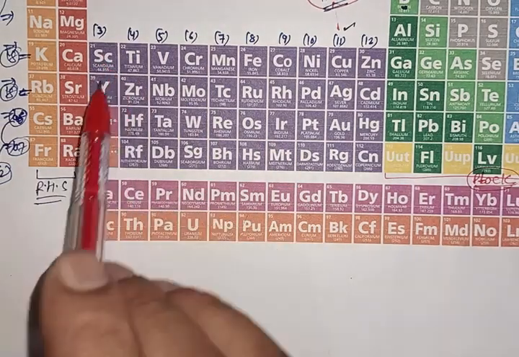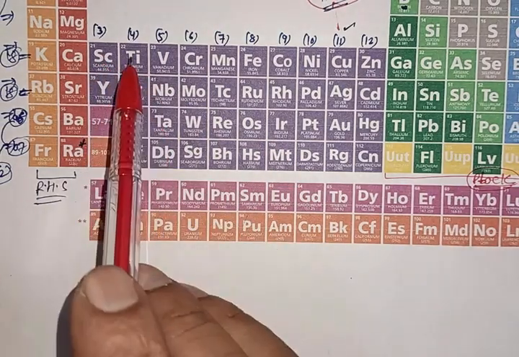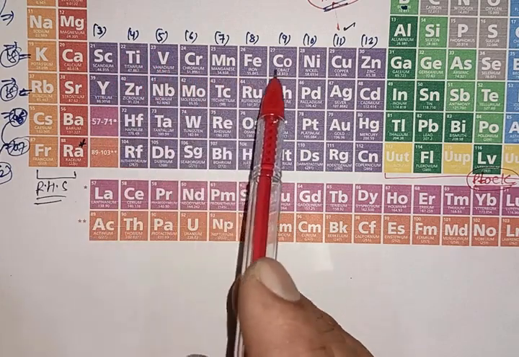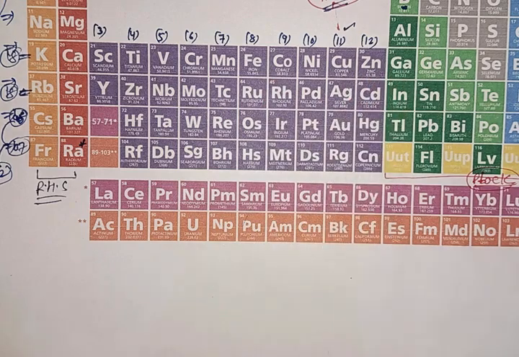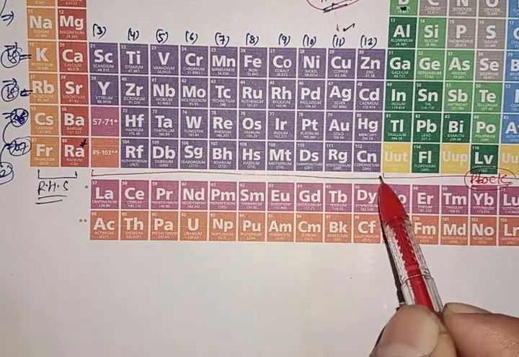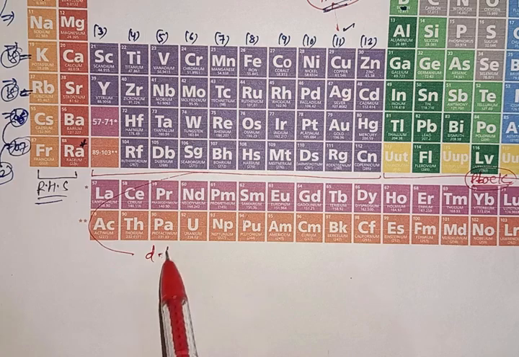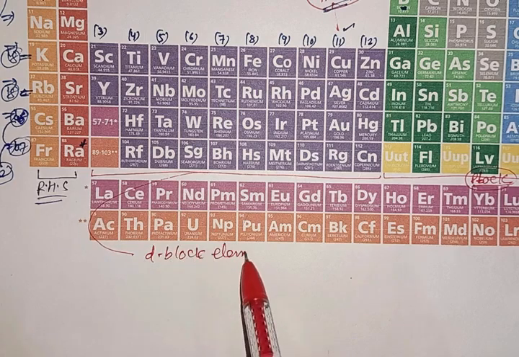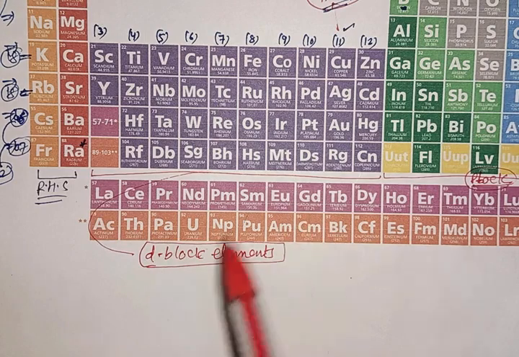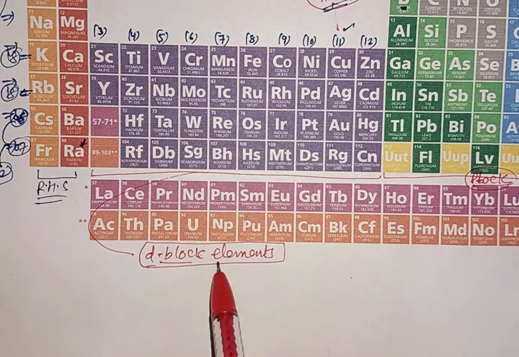Group number 3, that is scandium, yttrium, lanthanum. Then titanium, vanadium, chromium, manganese, iron, cobalt, nickel, copper and zinc. All these elements, from group number 3 to group number 12, are called D block elements because they have their valence electron in the D subshell.